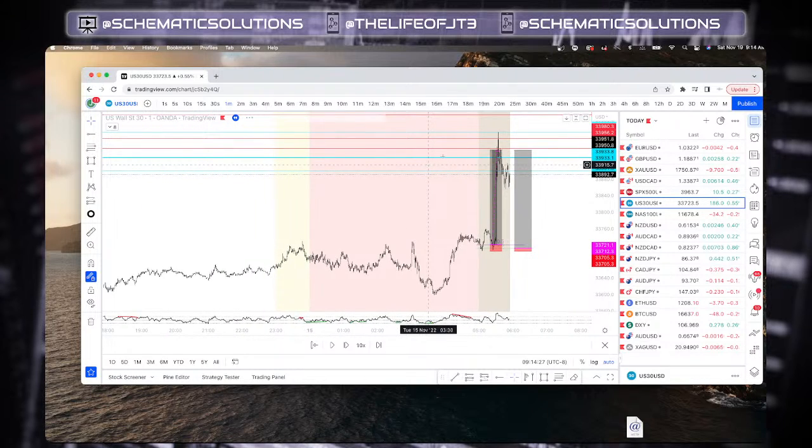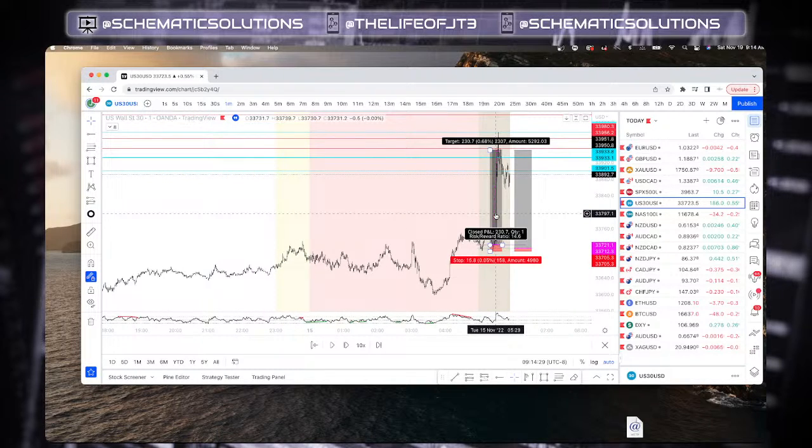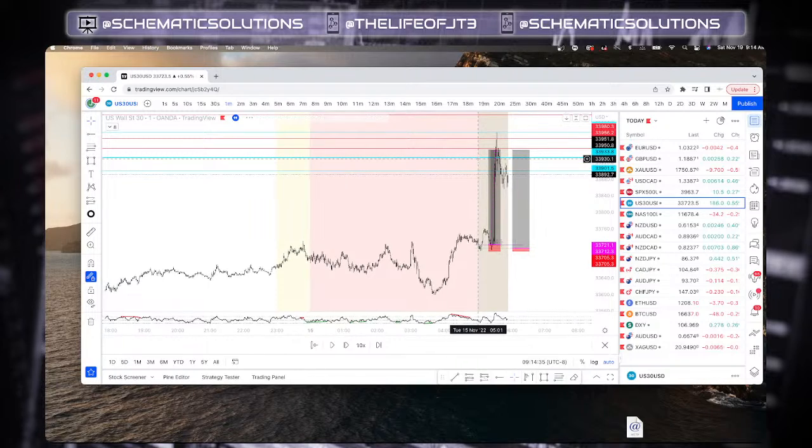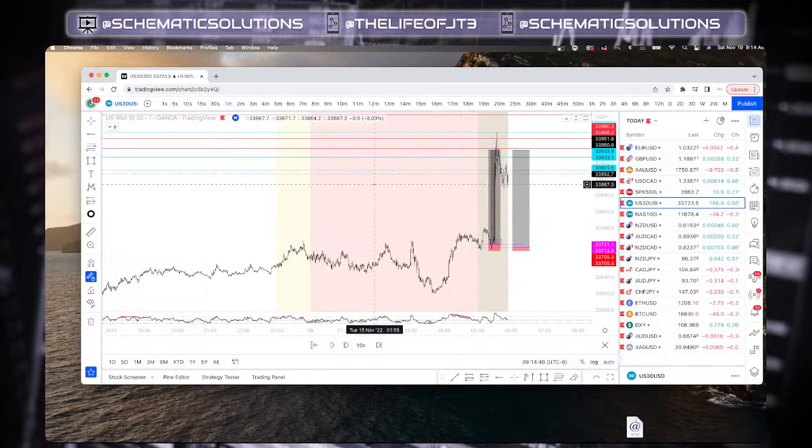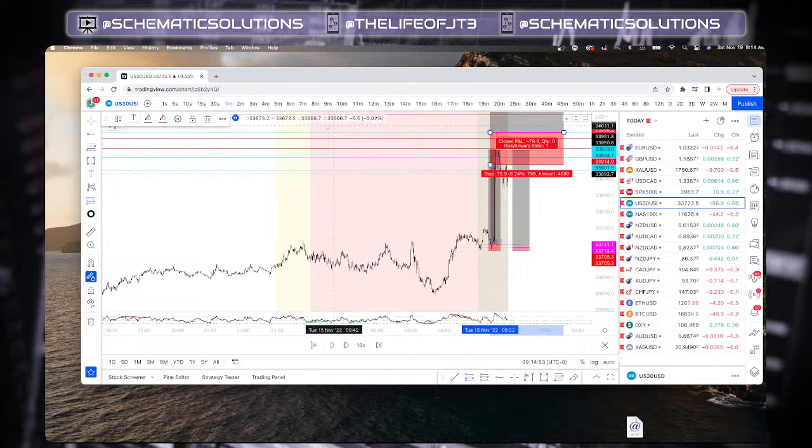Took my first partials, went risk-free, break even, and this is where I actually slipped up because look at what just happened. Look where price just tapped into. I completely lost sight of the higher time frame due to the fact that I was playing lower time frame. I was pretty much just scalping, and price taps right into our extreme.